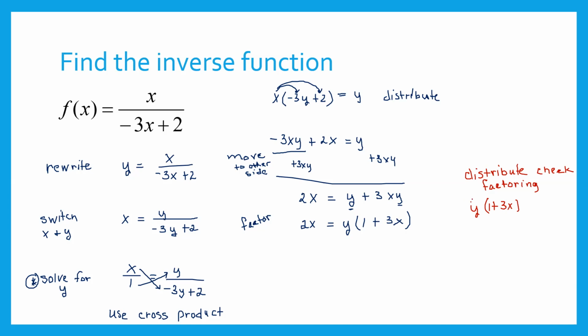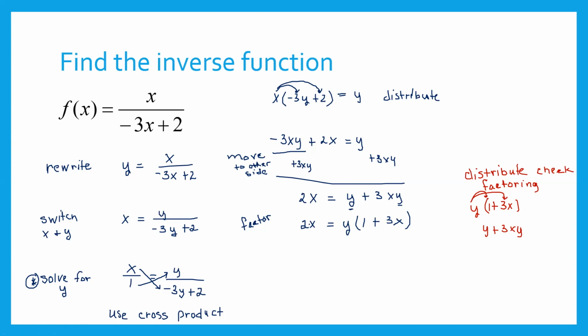And so if I distribute, I would take the y times 1, which would give me y, and then I would take the y times 3x, which would give me plus 3xy. And when I do that, I see that that did work out, and I was right back to the previous line of my equation. So I double check that. And you can see how important that placeholder 1 is, because without that, I would not have the exact same thing as the previous line.